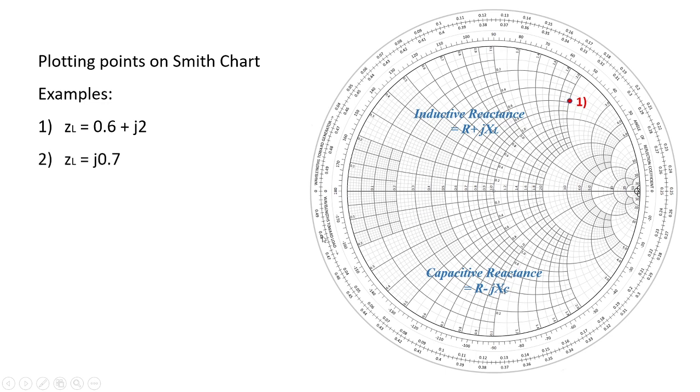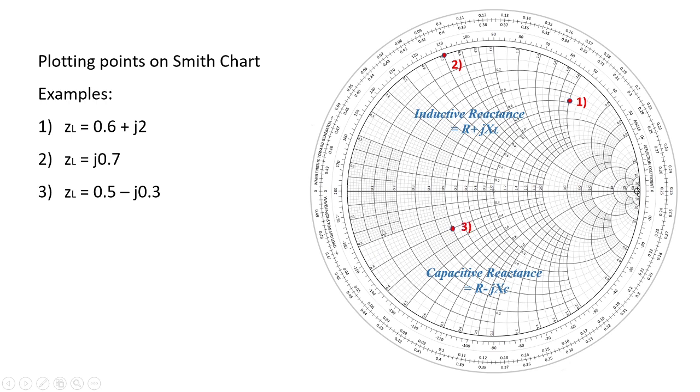The next one is J0.7. As only the imaginary part exists, 0.7 will lie on the circumference and it is positive, so it will lie on the upper semicircle. So here it is. The next one is 0.5 minus J0.3. It is of the form R minus JXC, so it will lie in the lower semicircle, with 0.5 on the real axis and 0.3 on the imaginary one.